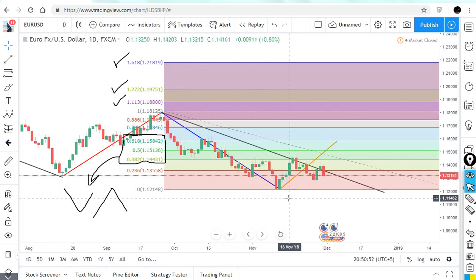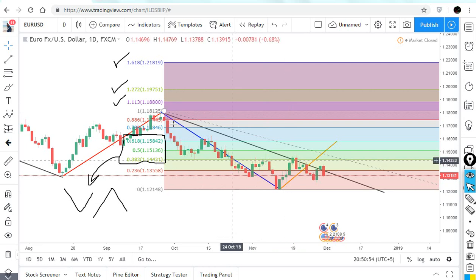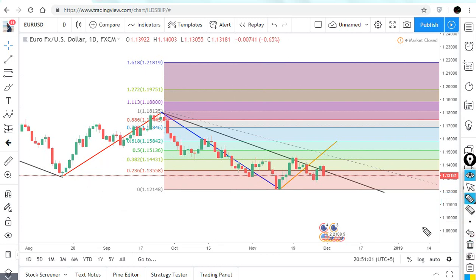So guys, where are we? We are on the extension, right? And I also explained the golden ratios. Now when I see this is my high, this is my low, I place a Fibonacci retracement here, and I see that the market first goes to this, and this is our 0.382.